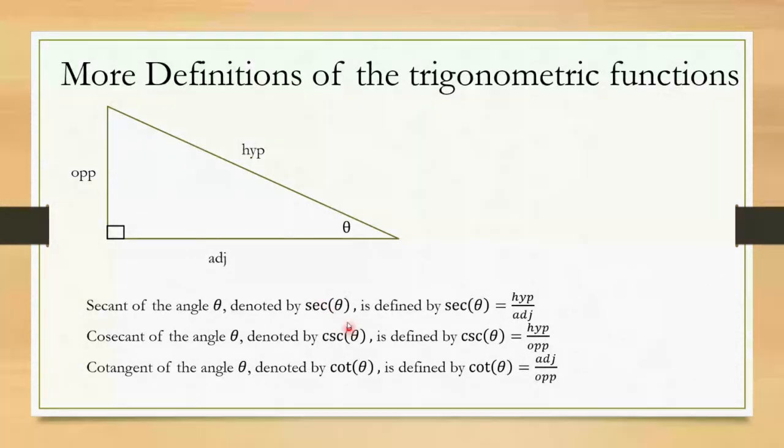We have these three: secant of theta, cosecant of theta, and cotangent of theta. I do define them here. These are the formal definitions. I know a much easier way to remember them, at least for me, it's a lot easier.